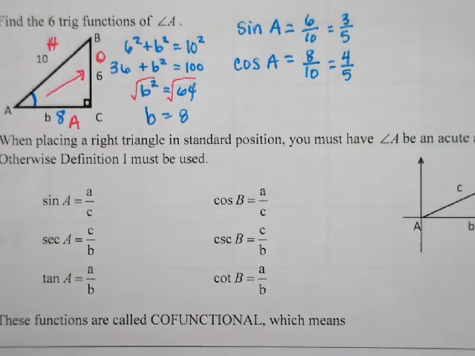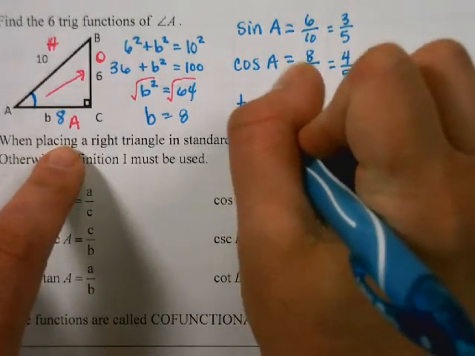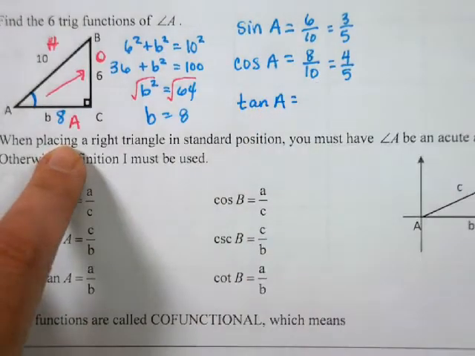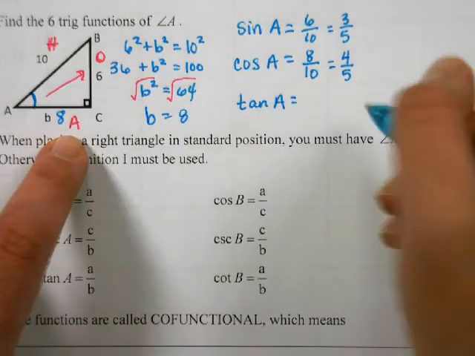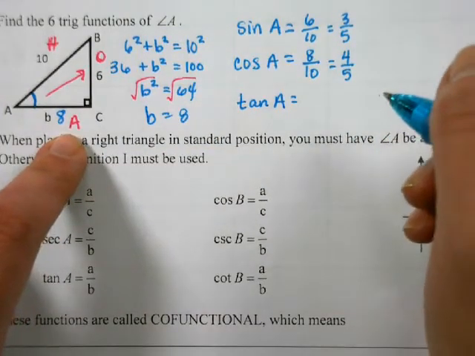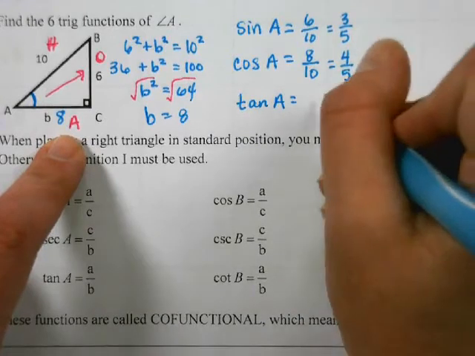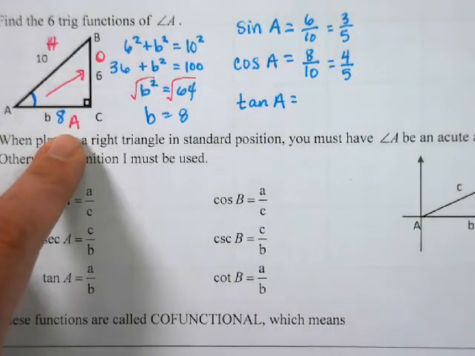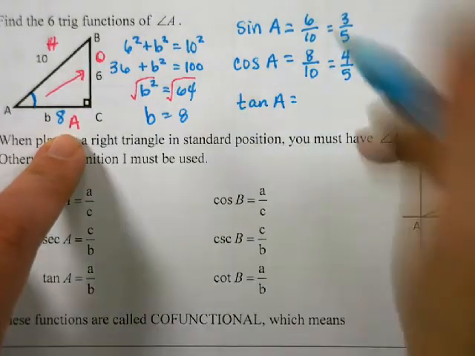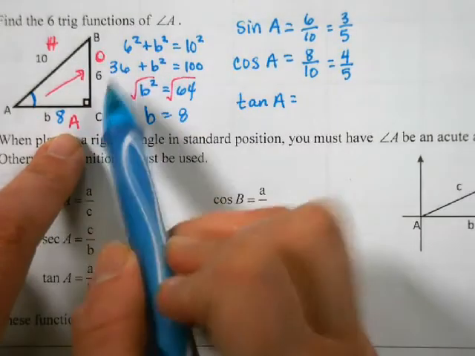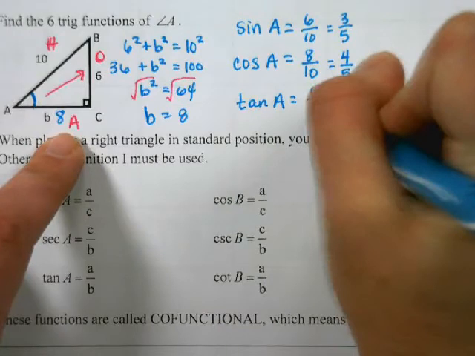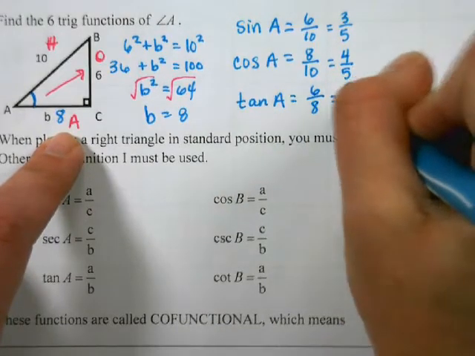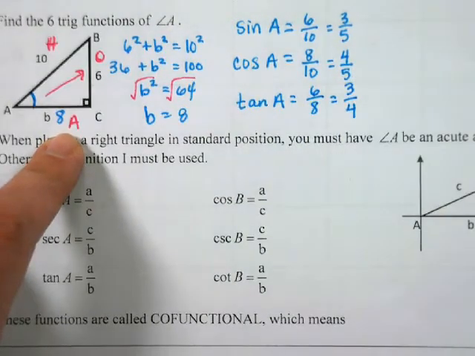All right. Tangent of A. Opposite over adjacent. What else could we do? What else do you know about tangent? Sine over cosine, right? So it should match up. Opposite over adjacent would be 6 over 8, which reduces to 3 over 4. So those rules still apply.